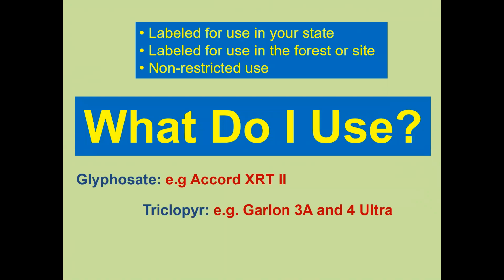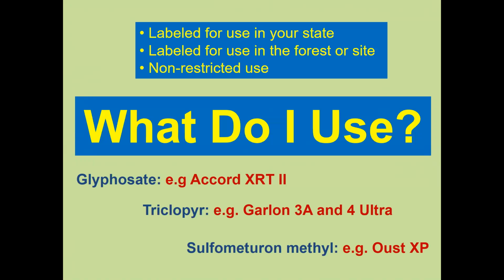Triclopyr comes in 2 formulations, an amine or water-based formulation and an ester or oil-based formulation. So Garlon 3A is the amine formulation, or Garlon 4 Ultra is the ester or oil-based formulation. And then sulfometuron methyl, an example of that would be Oust XP.